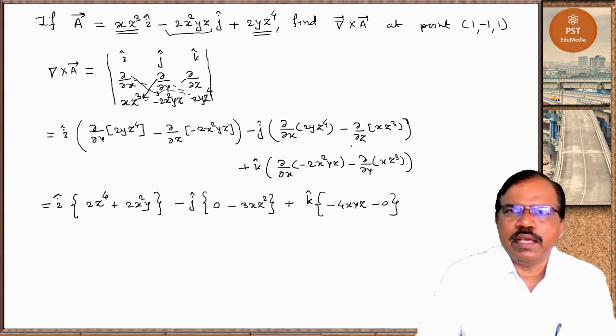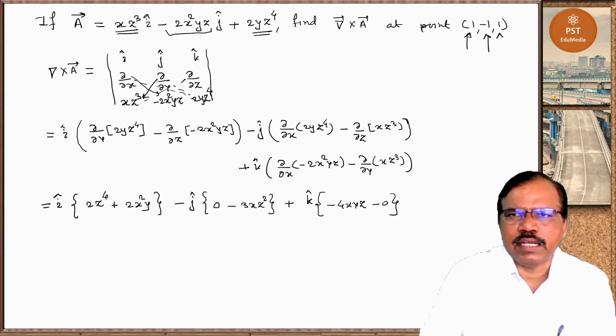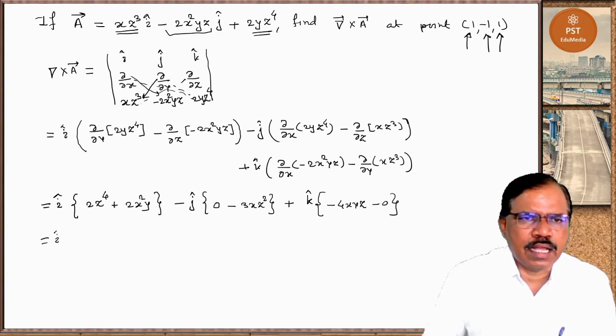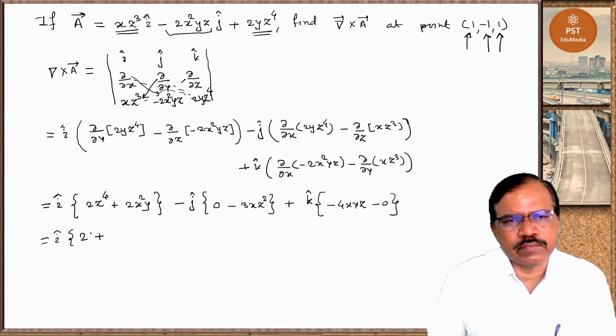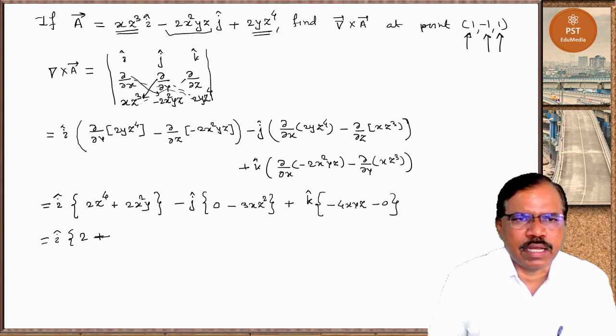Now put x equal to 1, y equal to minus 1 and z equal to 1. So here we will get i, z is 1, so 2, plus 2 x square y is 2 into 1 into minus 1, which is minus 2.